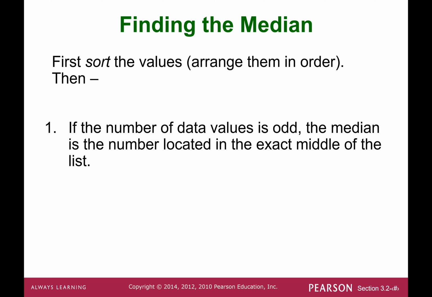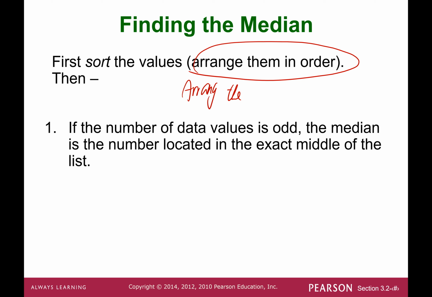Now, in order to find the median, we have 2 scenarios. First of all, you arrange the data set in increasing order, meaning you start with the smallest value and go all the way to the largest value.